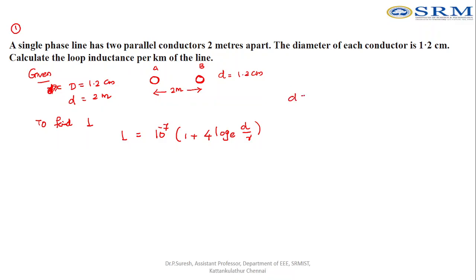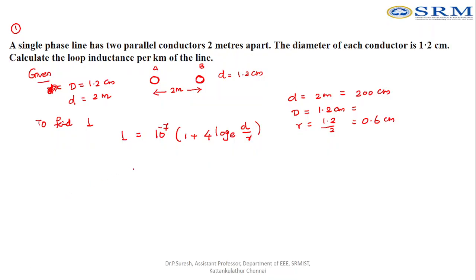The distance is 2 meter, which is 200 centimeter, and the diameter is 1.2 centimeter, so r is 1.2 by 2, which is 0.6 centimeter. Now we know d and r.